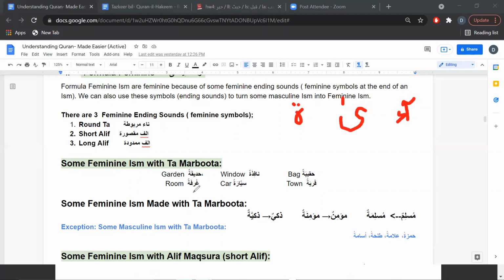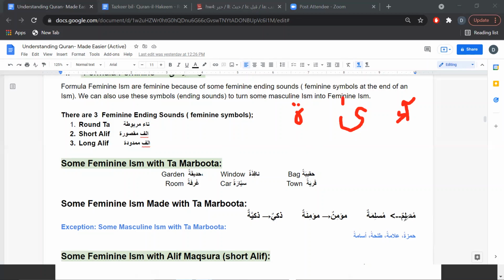Ghurfatun, room, that is feminine. So these are feminine because of ta marbuta. But we can also make a masculine ism feminine just by adding ta marbuta. Like you have Muslimun.